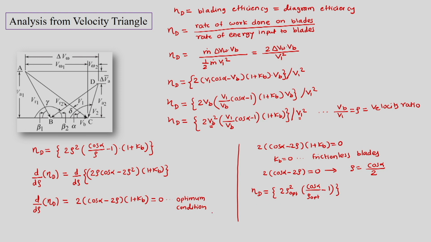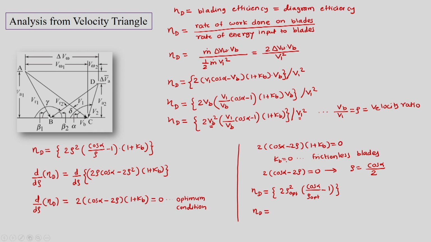If we put rho optimum as cos alpha by 2, then we can get further, this Kb being a constant, we will not have this appearing.